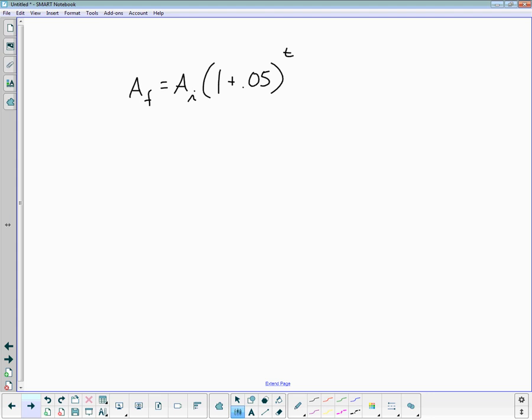Number 5 is old material. We did the, and in number 6, when it says per annum, that means per year. I think you have all the tools at your fingertips to solve all of these problems now.